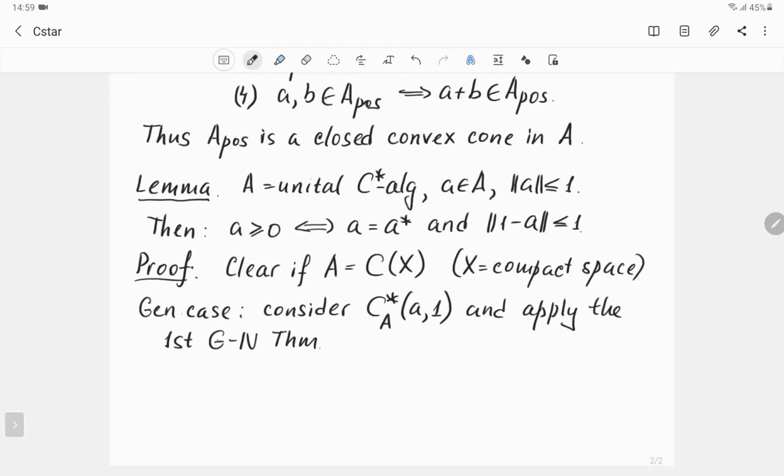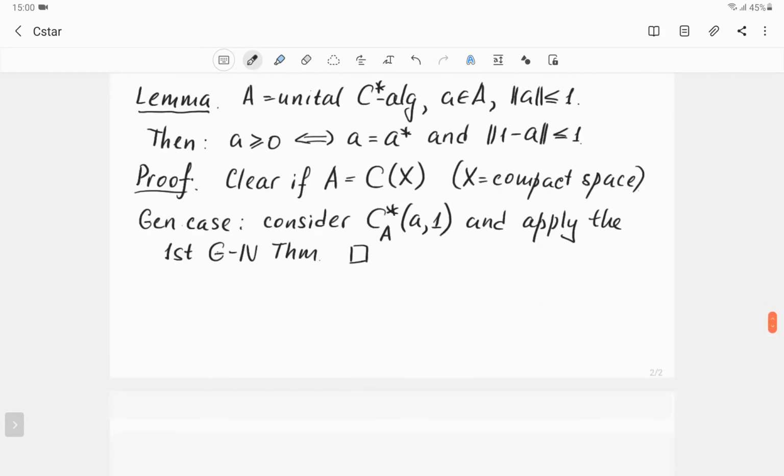So this algebra is isometrically star isomorphic to the algebra of continuous functions on the maximal spectrum. And so everything is reduced to the case where A is just C(X). Okay, so this completes the proof of our lemma.